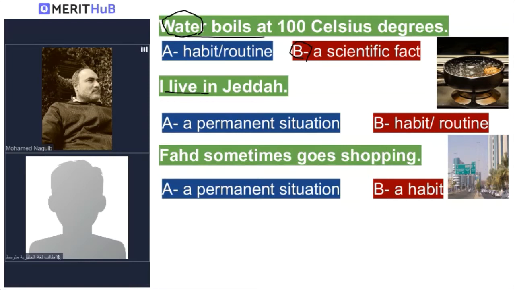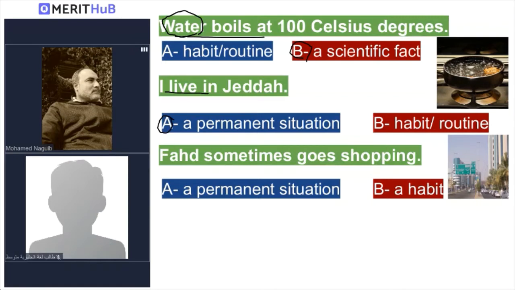So here, I live in Jeddah, it's a permanent situation. The action does not change, it's a fixed action. I was born in Jeddah so I live in Jeddah, so that is completely natural. So here the right answer is the permanent situation.